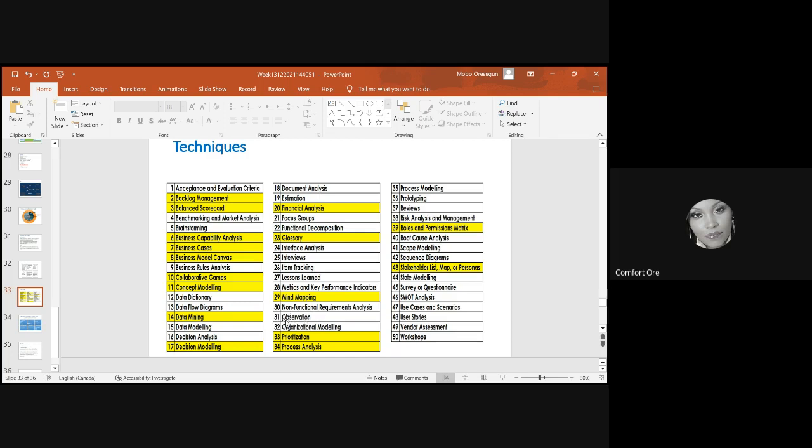So you can see 31 where I was mentioning observation, right? So there are a lot of other techniques that you need as a BA. Some you never use or never come across, but it's just good to know.